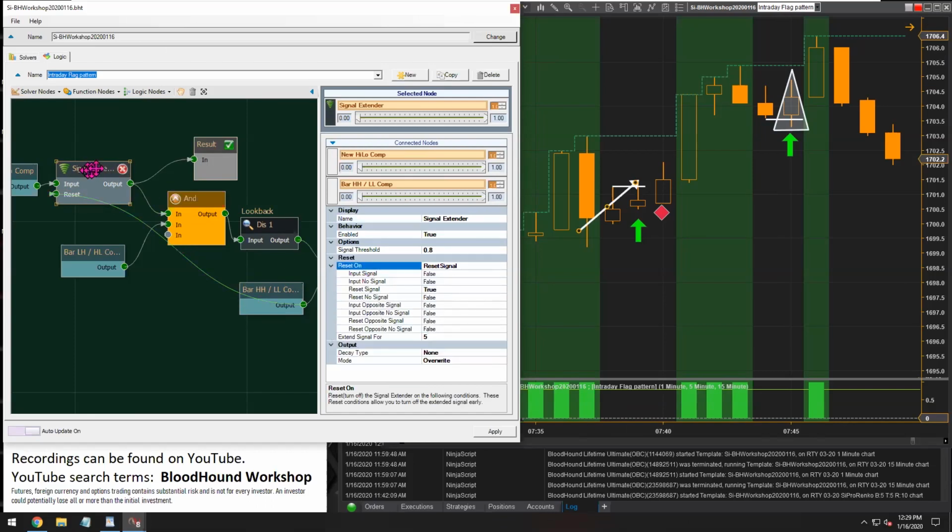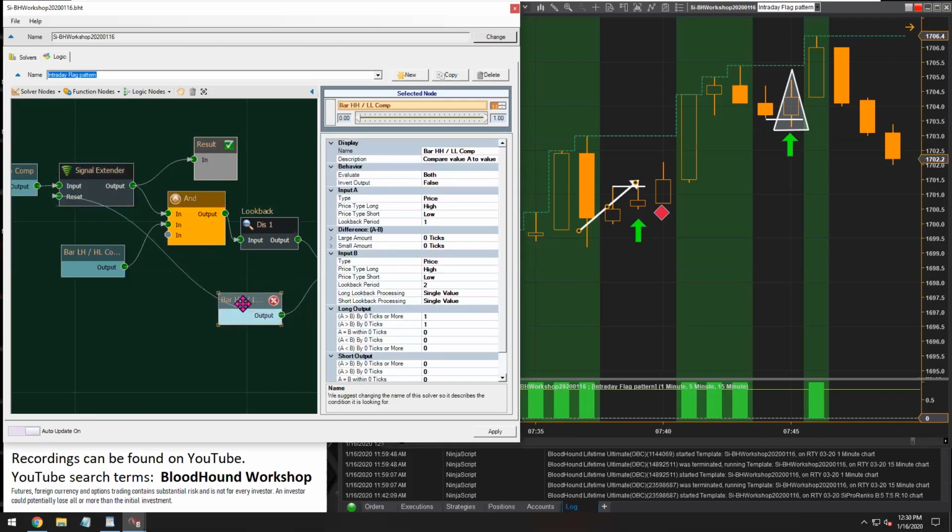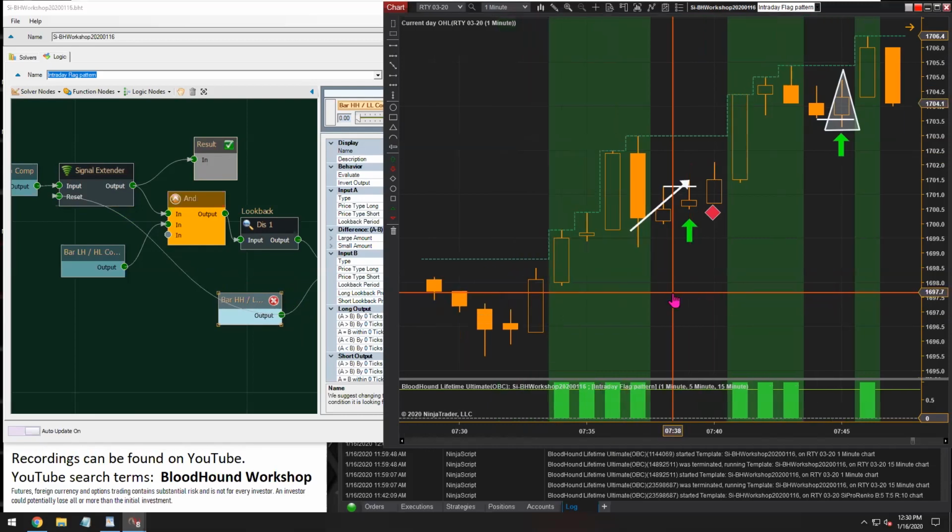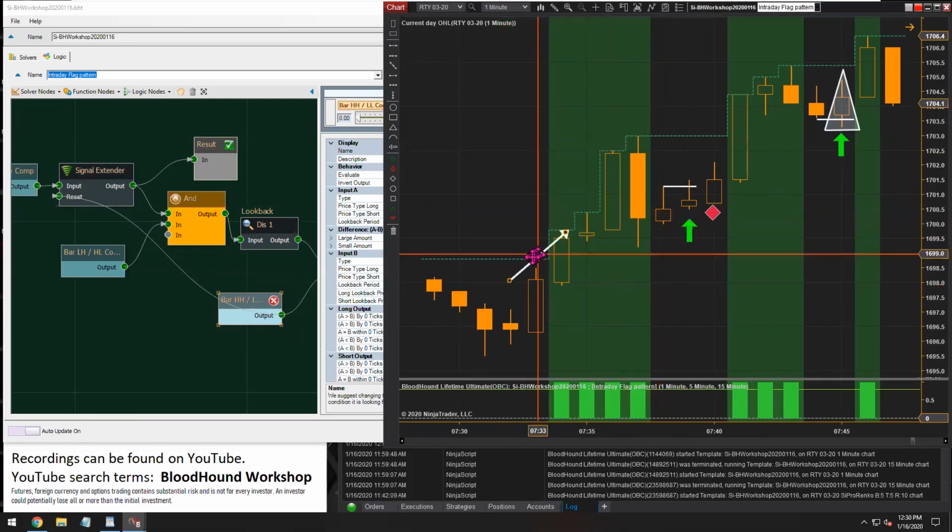So I have the signal extender selected, and I'm going into the resets, and so reset signal. Let's see, which of these resets do we want? Okay, actually this is not working here. Yeah, this isn't working as I expected because, look at here, we have new highs.